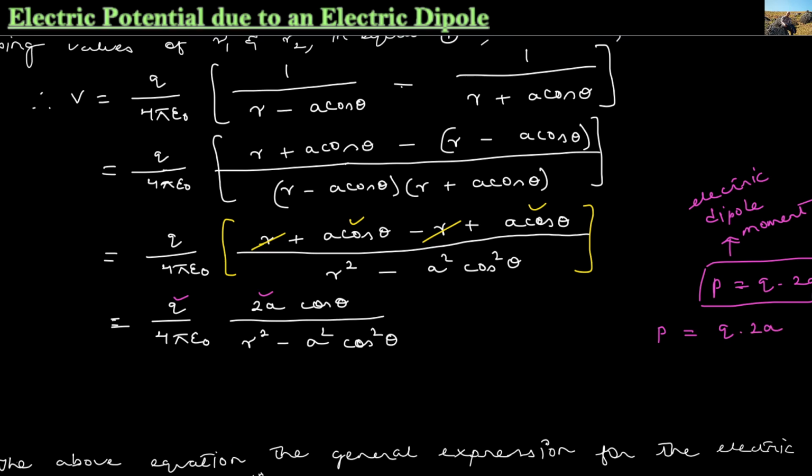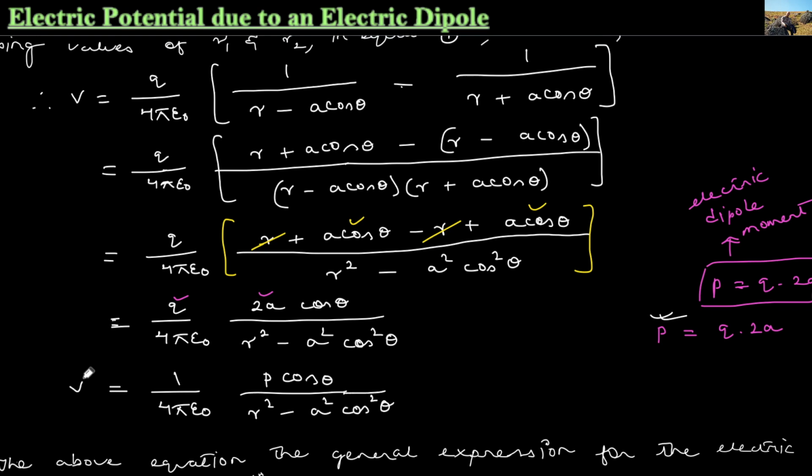So from here we can write this final reduced expression as 1 by 4 pi epsilon naught, and in place of this we write p cos theta, where p is q times twice a, divided by r squared minus a squared cos squared theta.